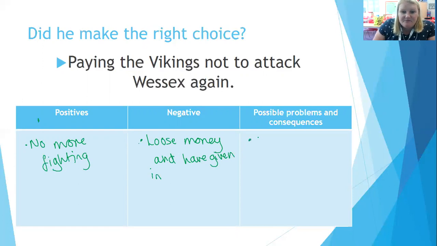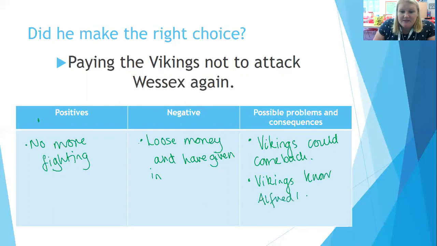Possible problems, Vikings could come back. And Vikings know Alfred has money to steal. So see if you can think of your own one and pause the screen when you're done.